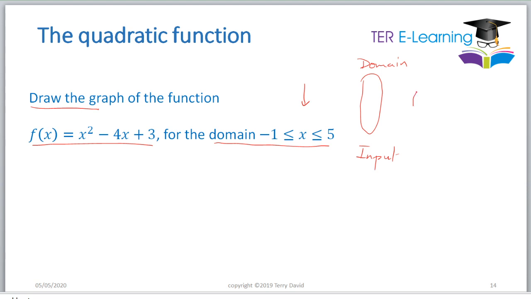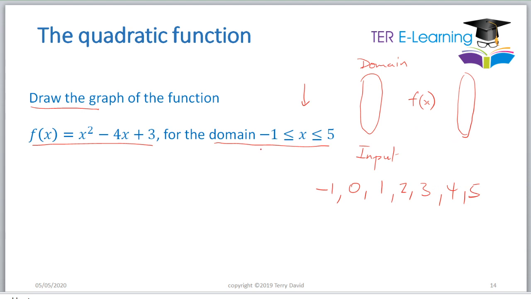So remember, you put those values into a function, and what happens is that something is going to come out of the function, right? So my input values in this case, how you're going to read this is that x lies between minus 1 and 5. So x, the domain in this case will be minus 1, 0, 1, 2, 3, 4, and 5. These are the numbers we're going to use in order to plot the graph, right?